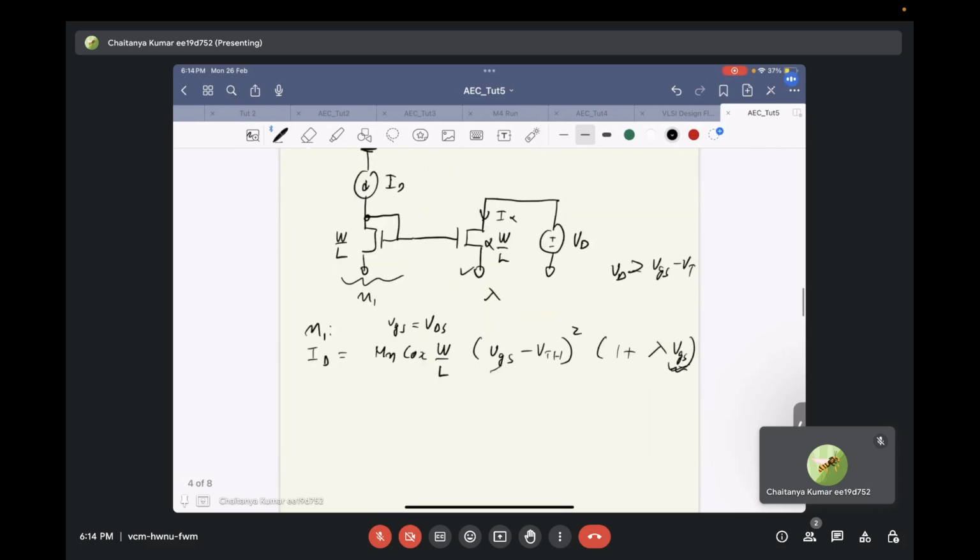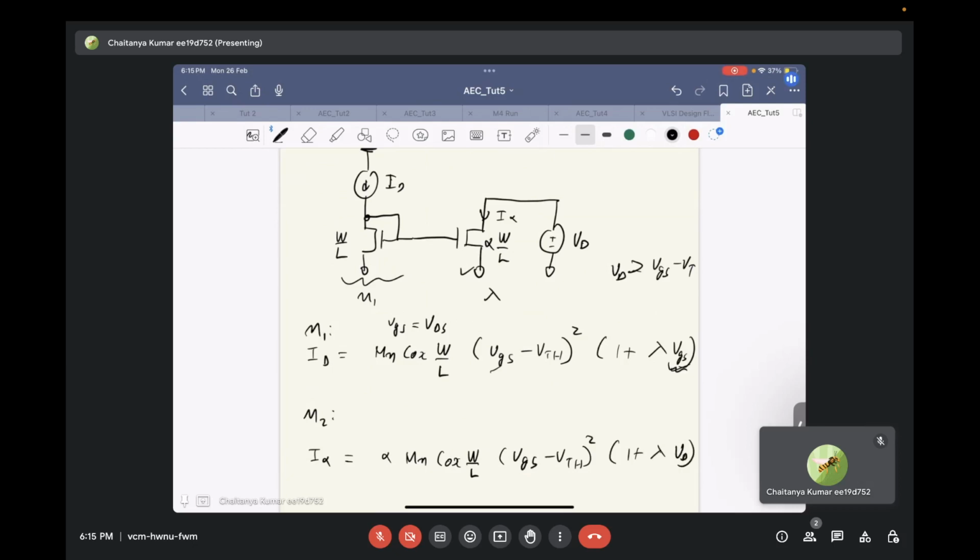Now what will be the current equation for M2? That is I alpha. This will be alpha times mu n Cox W by L into VGS minus VTH whole square times 1 plus lambda times VD.